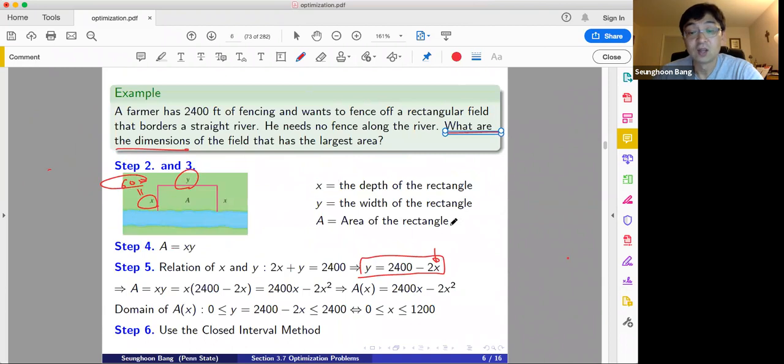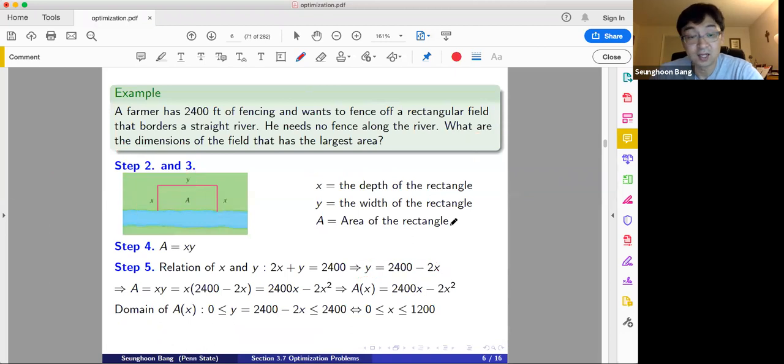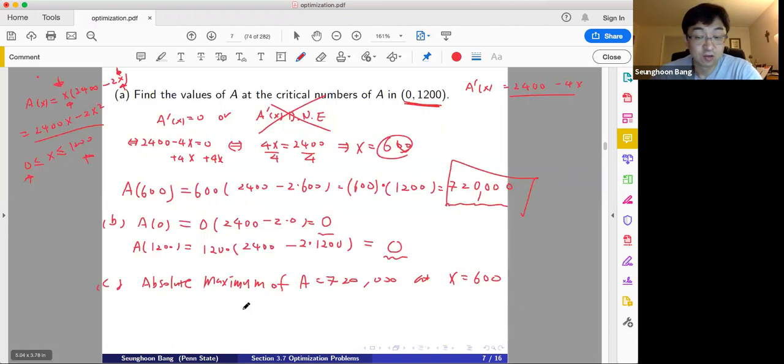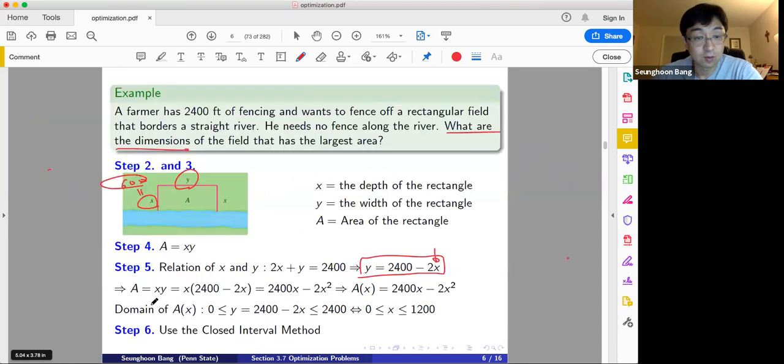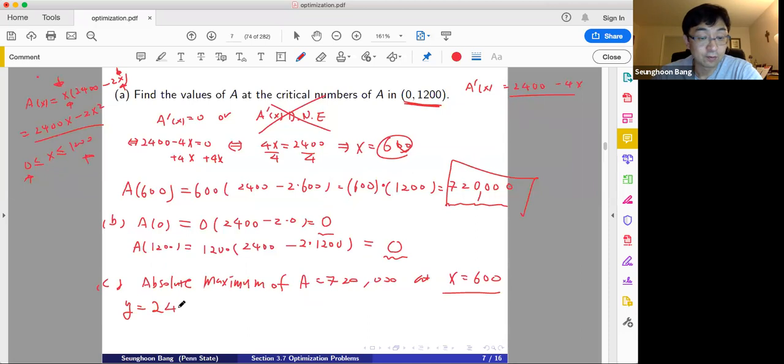Y equals 2400 minus 2 times X, so 2400 minus 2 times 600. 2 times 600 is 1200, so 2400 minus 1200 is 1200. So this is the final answer.